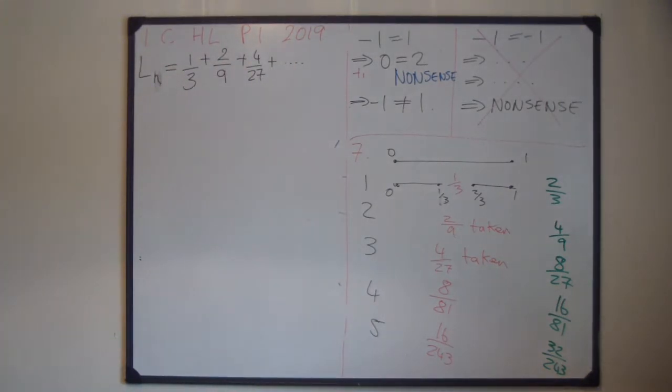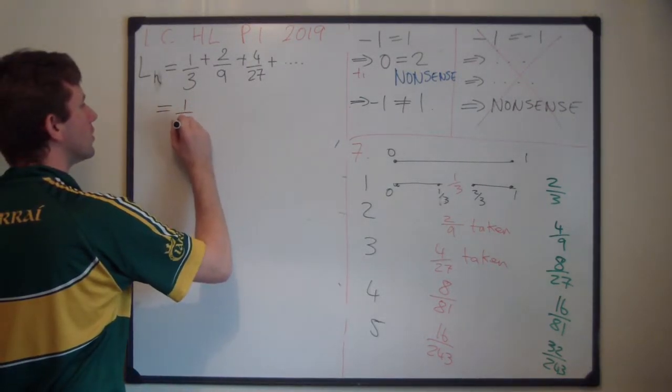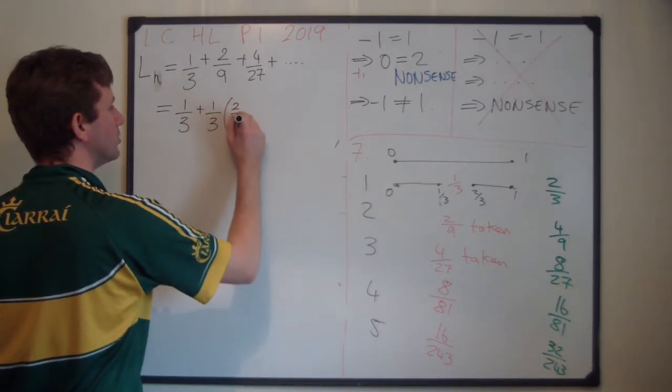Now here is pattern spotting. You have to see that you get from one term to the next by multiplying by 2/3.